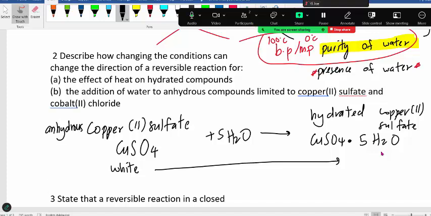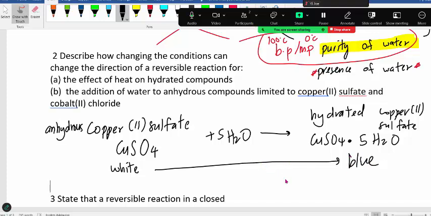Why 5? Can I change the number? No, cannot. It's 5, meaning that the copper sulfate compound has 5 water molecules joined together chemically as a crystal. So this is a white powder and this is a blue crystal.